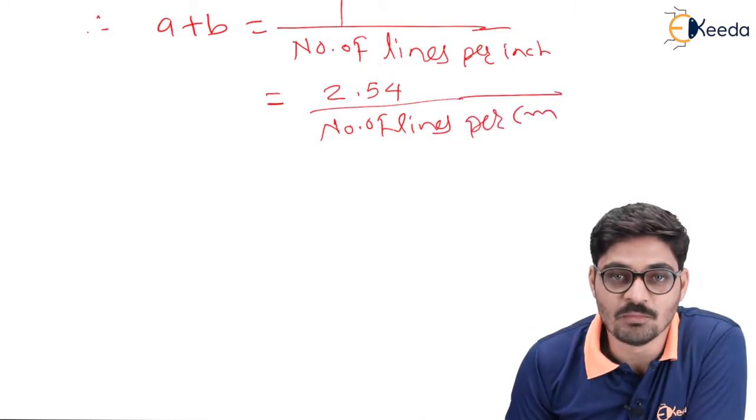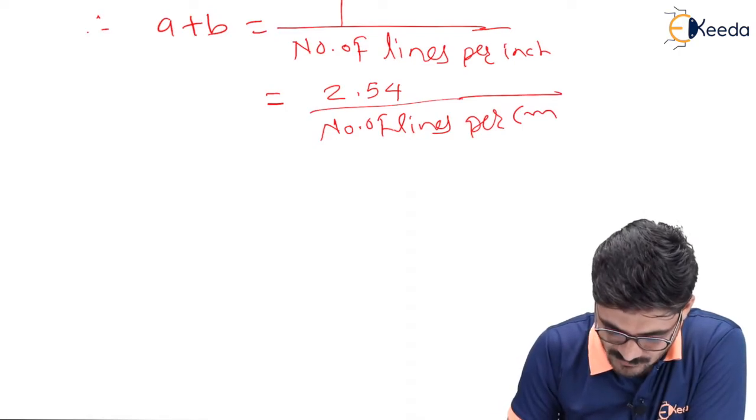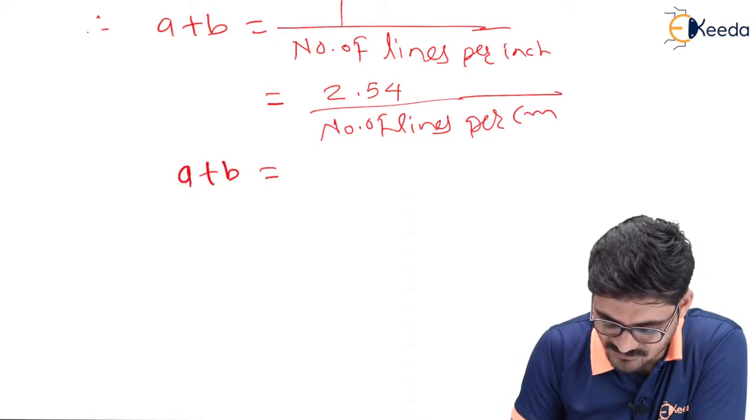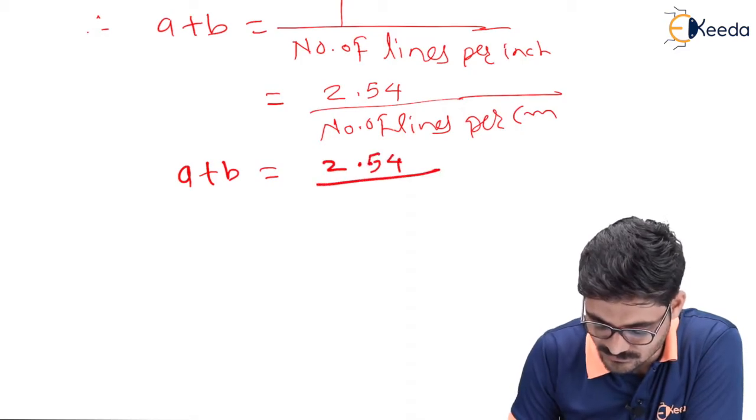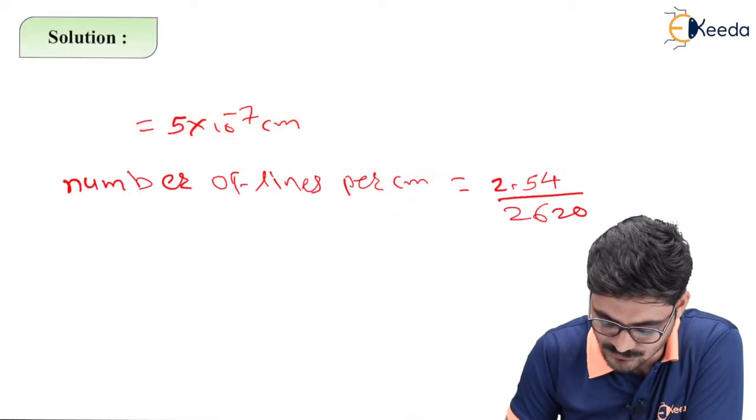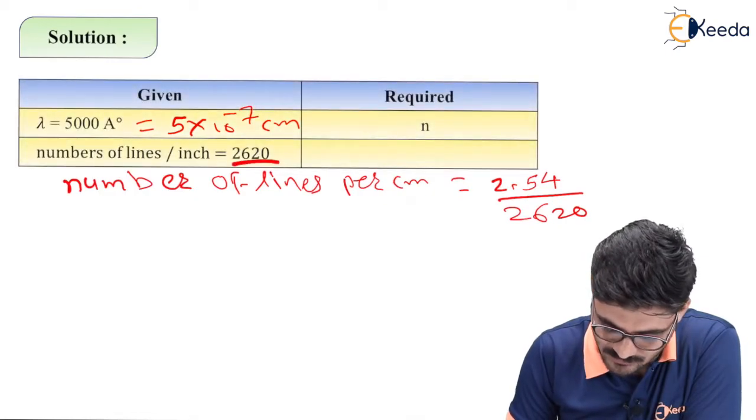This is the amount of grating element. So we find a plus b is equal to 2.54 upon 2620, as was given here.